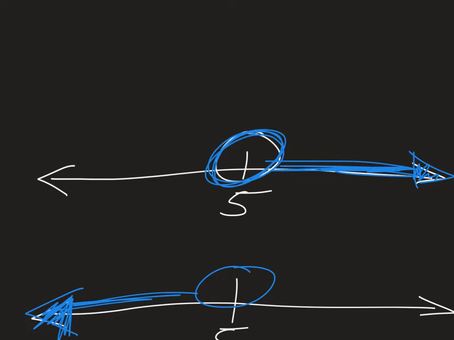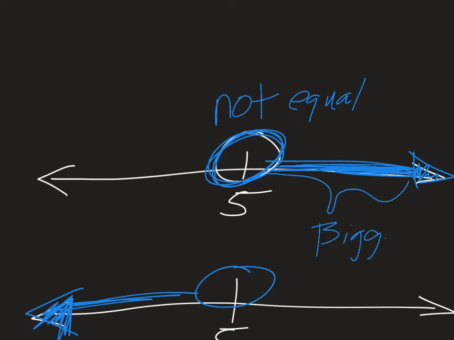So that means that because it's open, it's not equal to 5. And because the graph is shaded to the right, all the numbers that are bigger than 5 are graphed to the right.